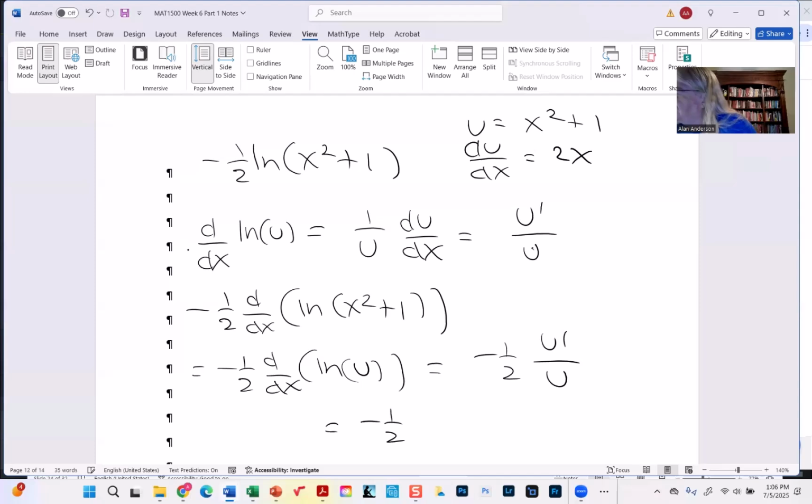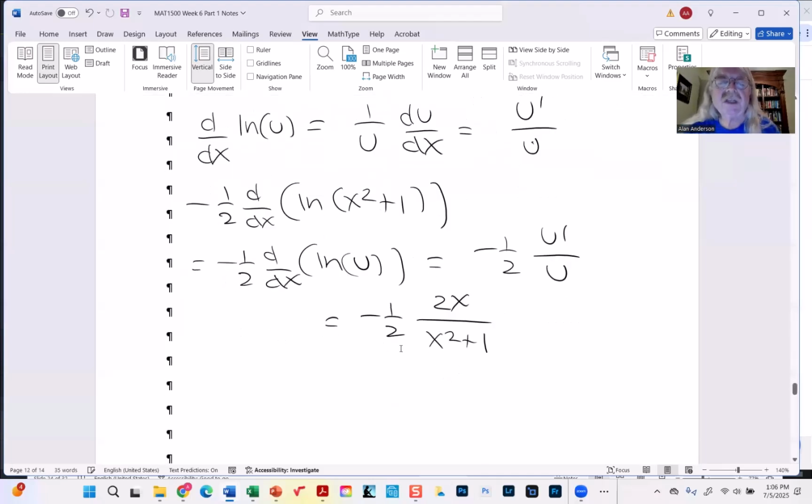So the u prime, or du/dx, is the 2x. In the denominator, I have the original u, which is x squared plus 1. Now of course you can see the 2's will cancel each other out. And I ultimately end up with negative x over x squared plus 1.